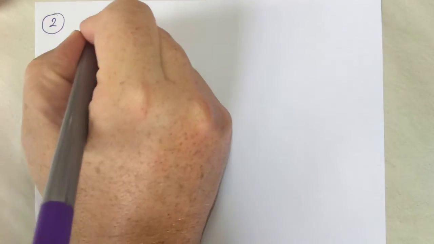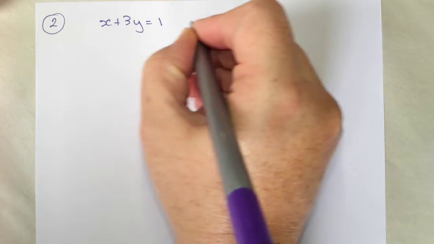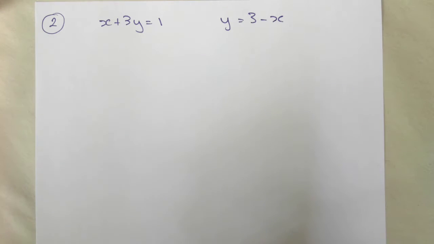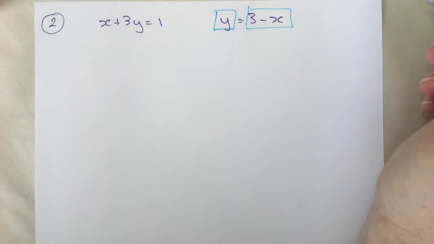So now I've got two different equations. I've got x plus 3y equals 1, and I've got y equals 3 minus x. So to use the substitution method, I'm looking for when one of the equations is variable equals a bunch of stuff. And in that case, I've got that here. I've got y is equal to a bunch of stuff.